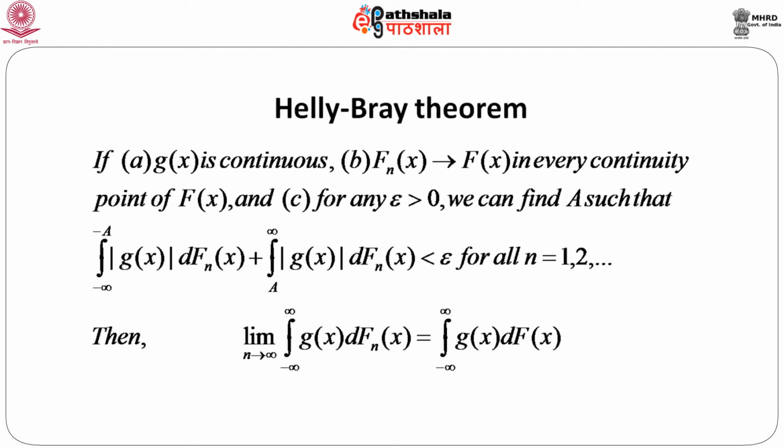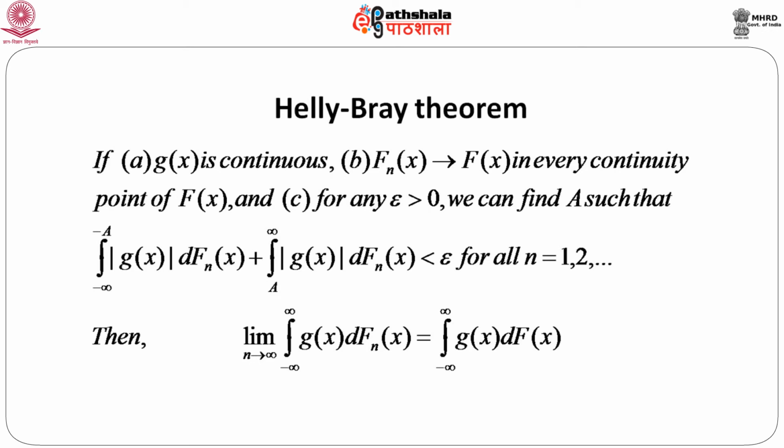and for every epsilon greater than 0, we can find some number capital A such that the integral from minus infinity to minus a of mod of g x d f n x plus the integral from a to infinity of mod of g x d f n x is less than epsilon. If you recall Helly's theorem, this part was not there.